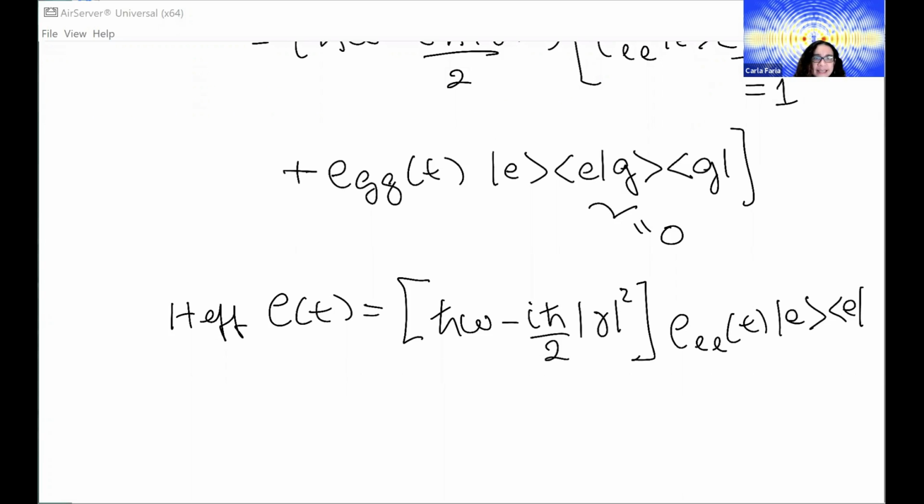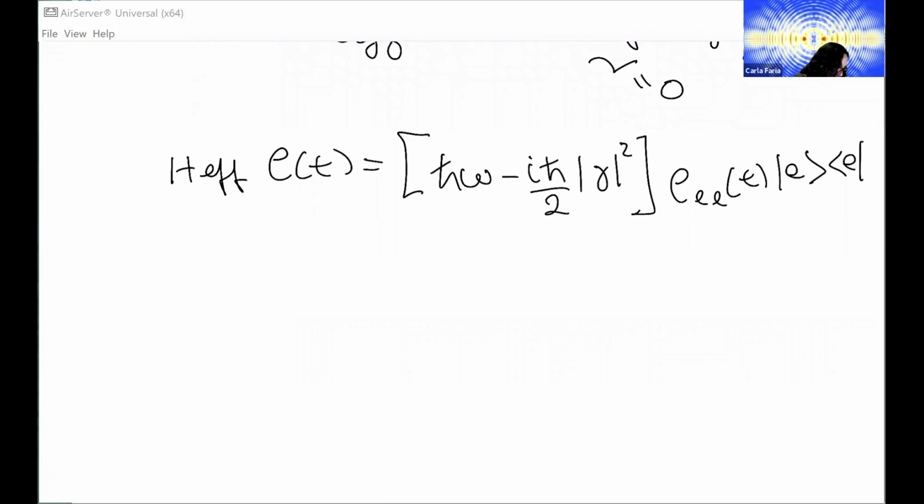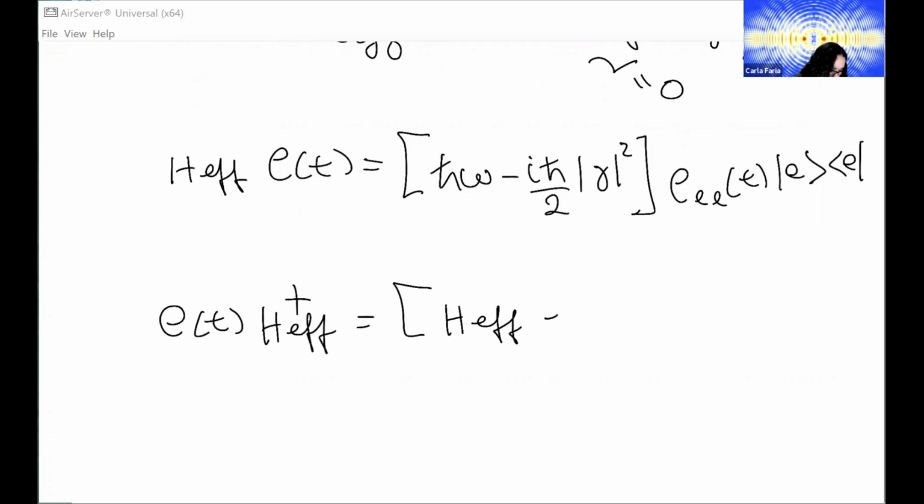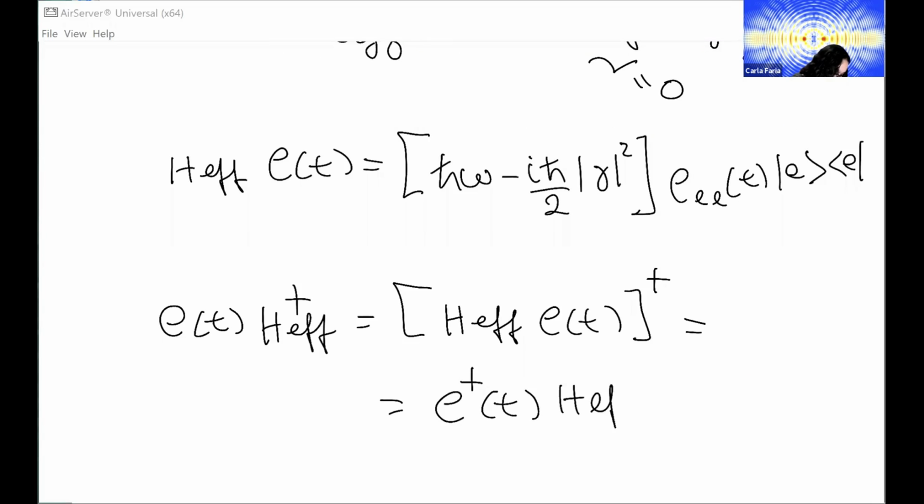Okay, now it's easy to calculate the adjoint, because if you want to calculate ρ(t) H effective dagger, you just need to take (H effective ρ(t)) dagger, because this is going to be ρ(t) dagger H effective dagger, and you know that ρ is Hermitian, so this is going to be ρ(t).